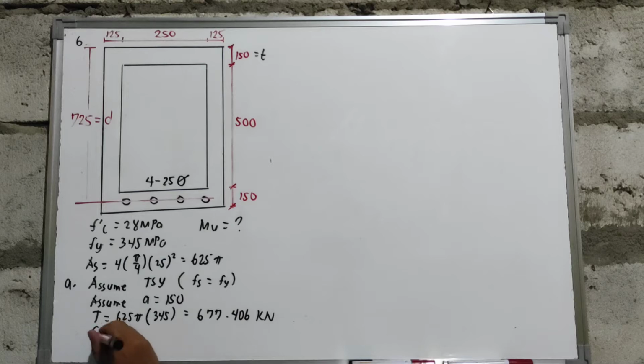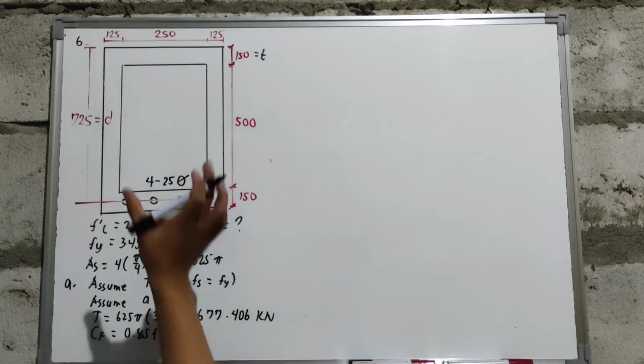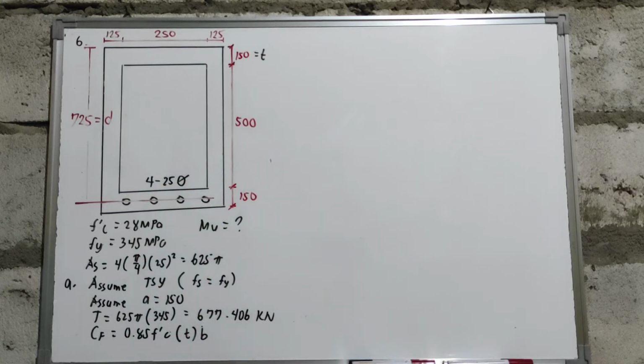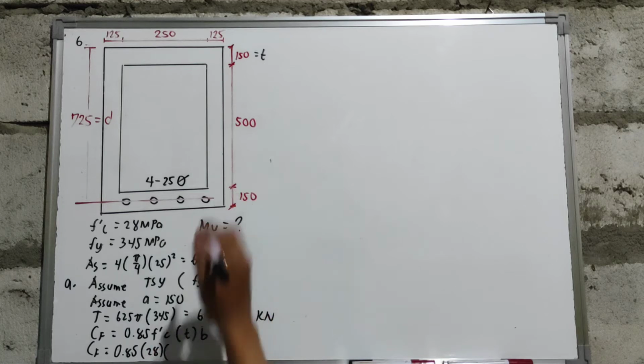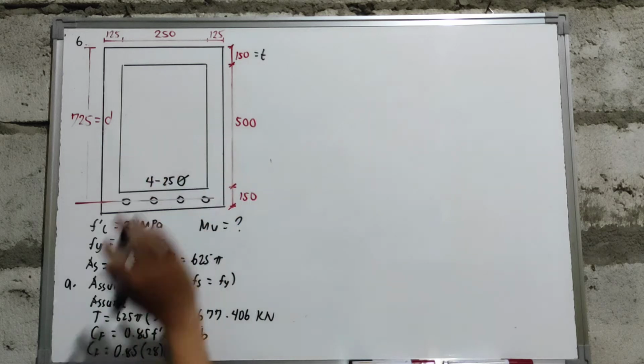So, hanapin natin yung C sub F natin. So, you will have 0.85, yung stress sa concrete natin, multiplied by yung thickness natin, which is yung A natin, multiplied by yung width natin dito. So, that is equal to C sub F. So, you have 0.85 F prime C. Meron tayong 28, multiplied by yung T natin na 150, multiplied by yung total width natin.